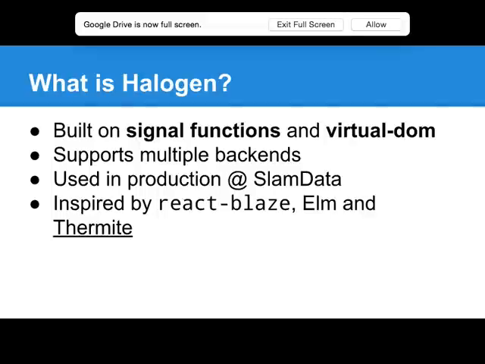I'll build up to signal functions by looking at signals. And then there's a library called Thermite, which I worked on, which is in my GitHub repositories. Thermite is a wrapper for React, and if you squint enough, the API looks a little bit like Halogen, but they're very different in approach.